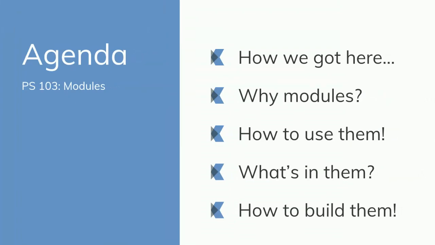The agenda. So how did we get here? Why modules? How we're going to use them, what's in them, and then how to build them. The next one that we will look at will be PowerShell 104, which looks at how we automatically build these.